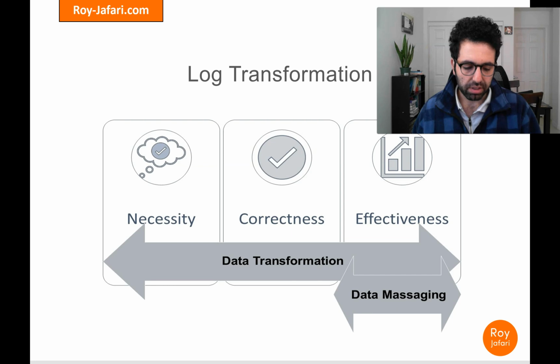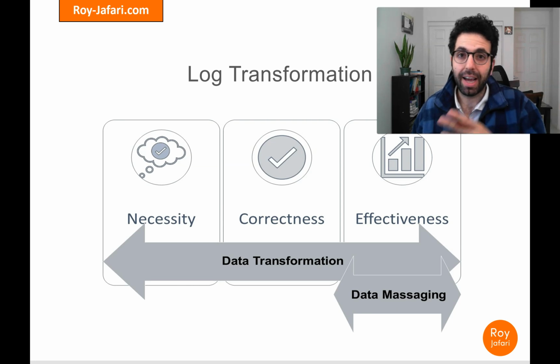In some cases, you might consider this an effective tool or even a necessary tool, but because it is a very simple tool at the same time, most of the time, if you don't do it, you're not going to be able to get what you want done, such as showing a relationship between two attributes that have exponential growth or decay.